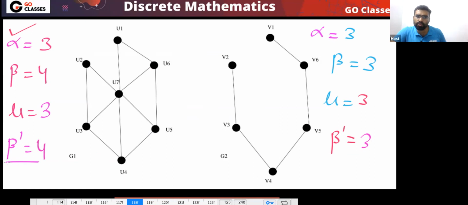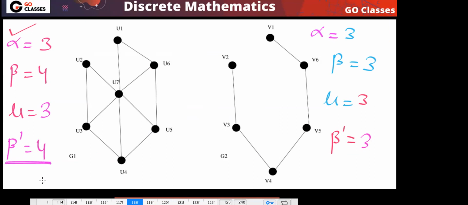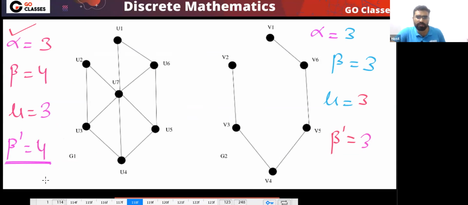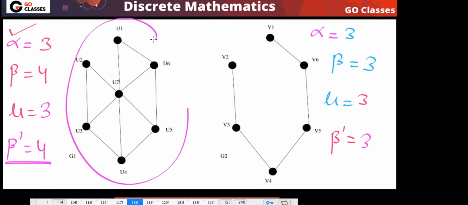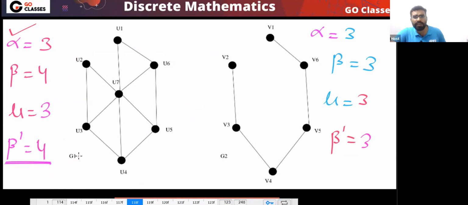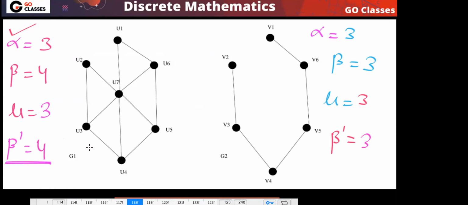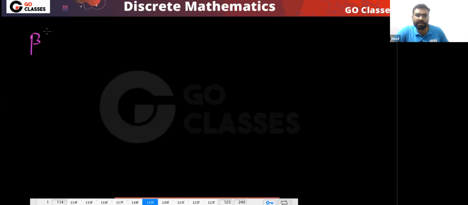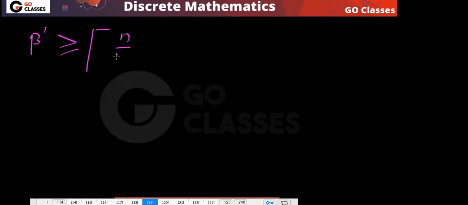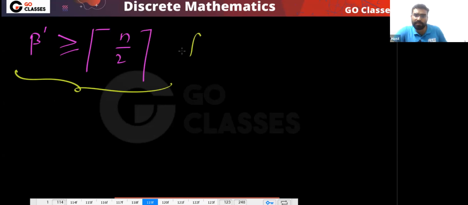Because edge cover means you must cover all the vertices. So let's try to cover all the vertices. You have 7 vertices in total. If you want to cover 7 vertices, how many edges do you need? We already know that beta dash is always greater than or equal to ceil of n by 2. For every graph, this will happen.